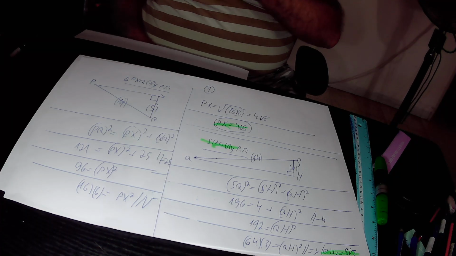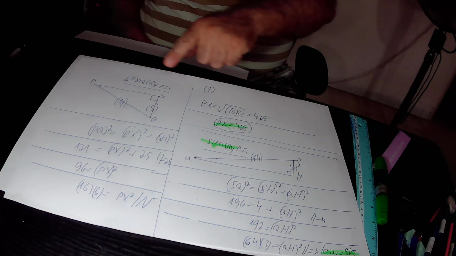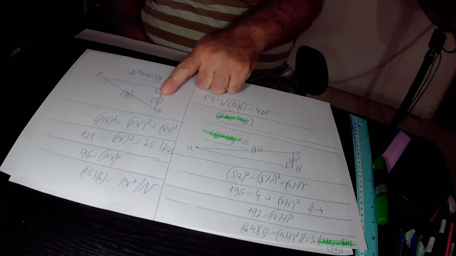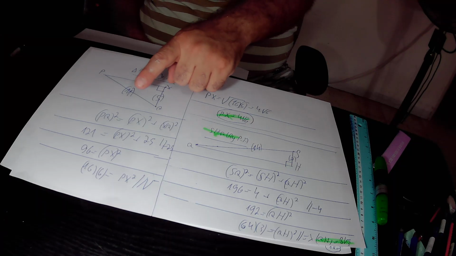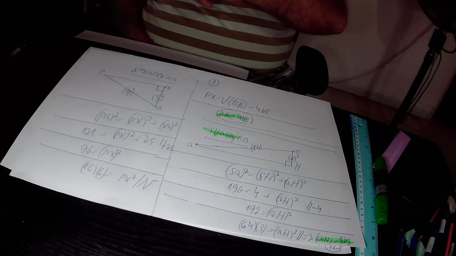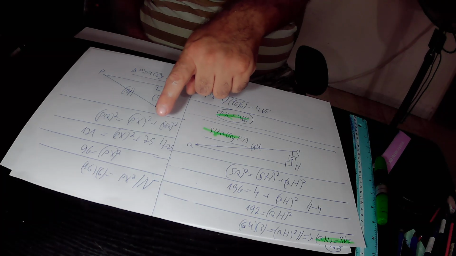According to the Pythagoras theorem, PQ squared, that is the square of the hypotenuse, equals PX squared plus XQ squared. PQ is 11, therefore PQ squared is 11 squared, that is 121, and it equals PX squared. PX is the missing side, plus XQ squared. XQ is 5, therefore XQ squared is 5 squared, that is 25.